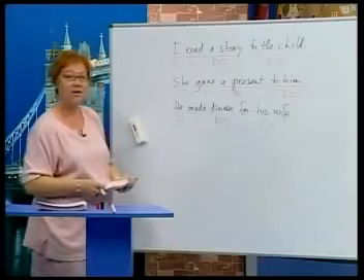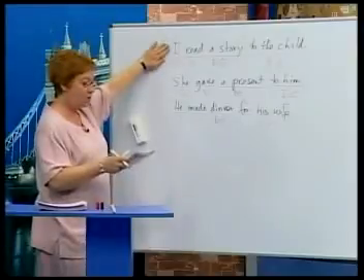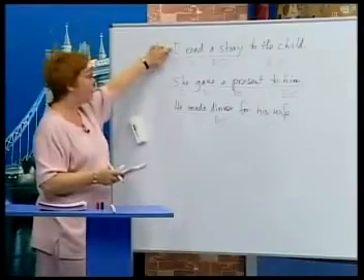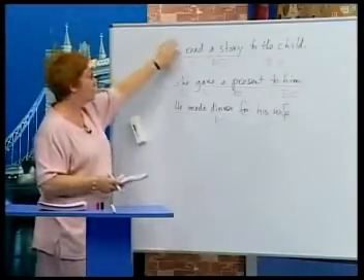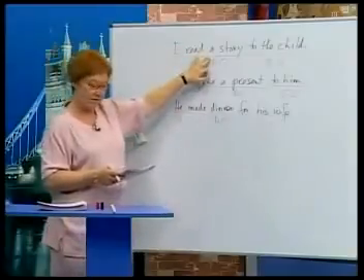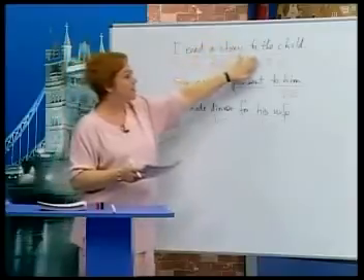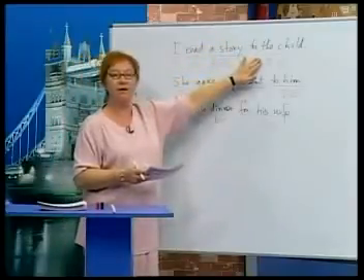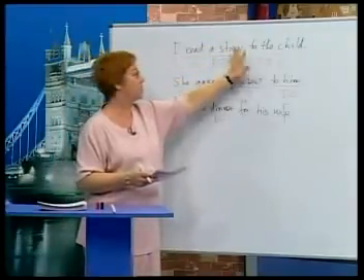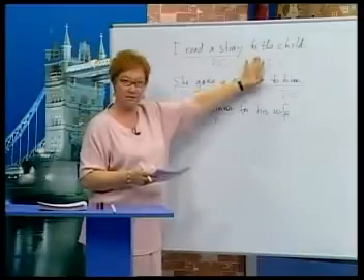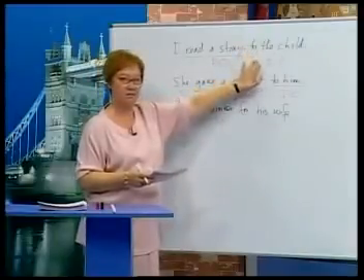Now, here are the questions. Who read the story? I read the story. What did I read? I read a story. And who did I read to? I read to the child. I read a story to the child. Okay, to the child.